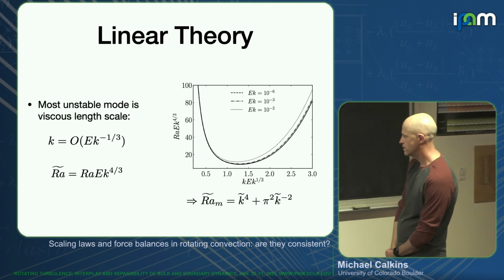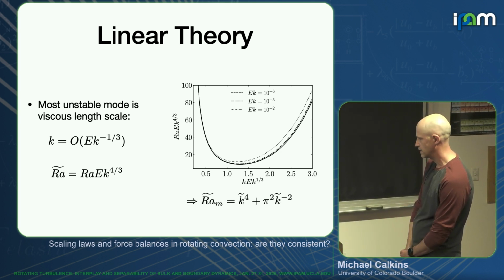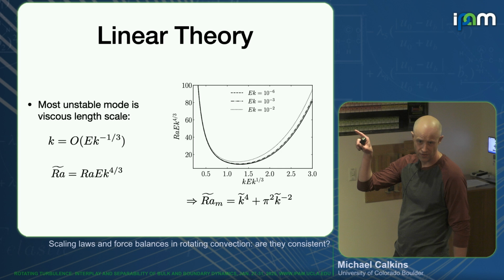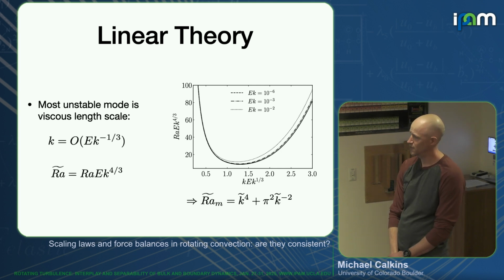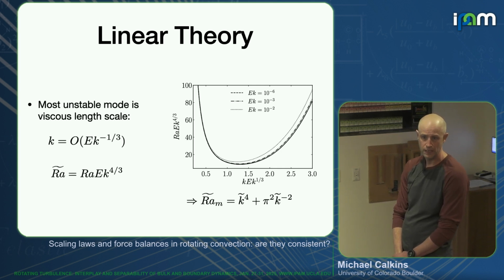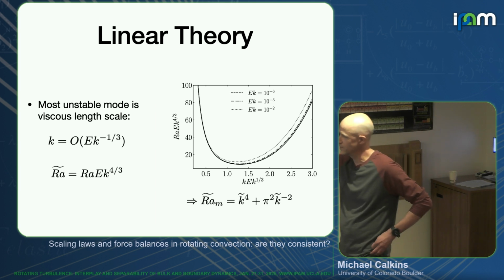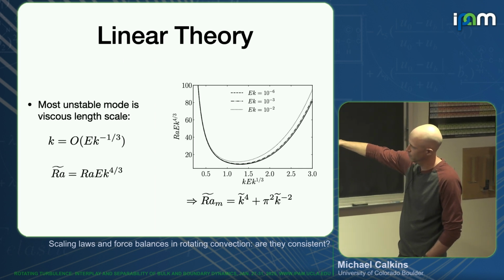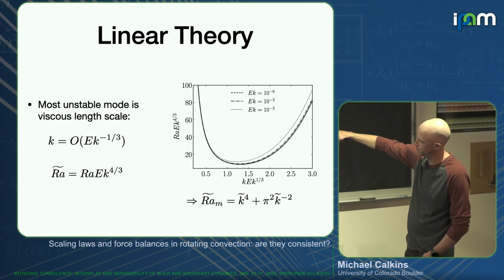What I wanted to emphasize, however, was that it's not just the critical wave number on this curve that scales like Ekman to the minus 1/3. It's the entire range that scales like Ekman to the minus 1/3 in the rapidly rotating limit. I've plotted this scaling behavior here as the solid line.